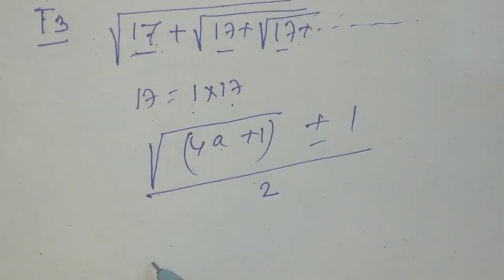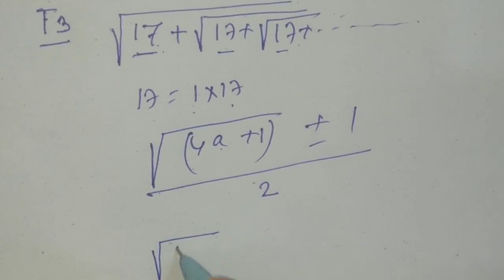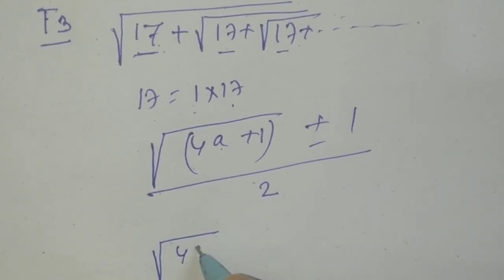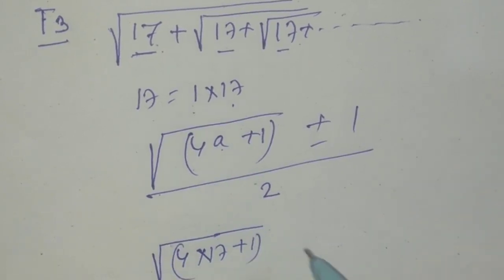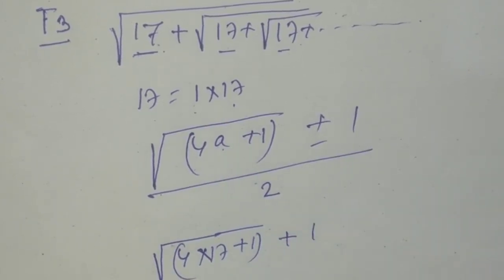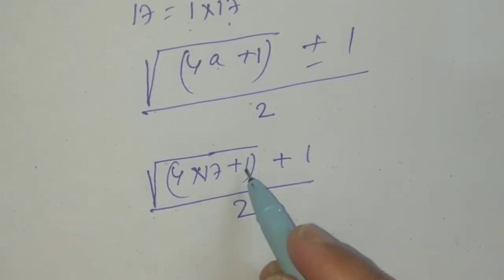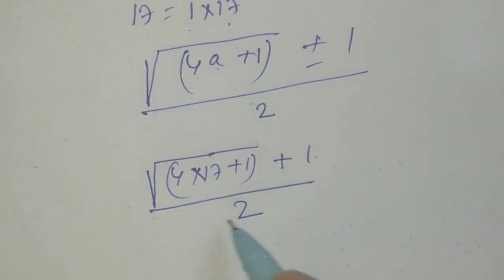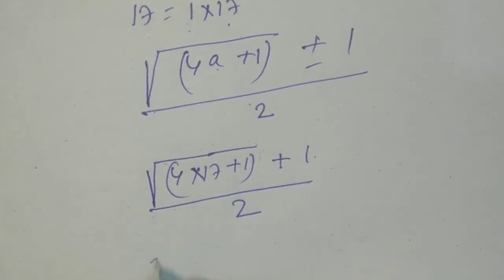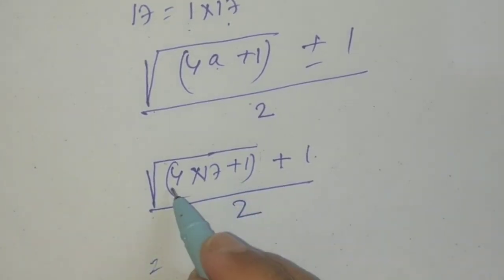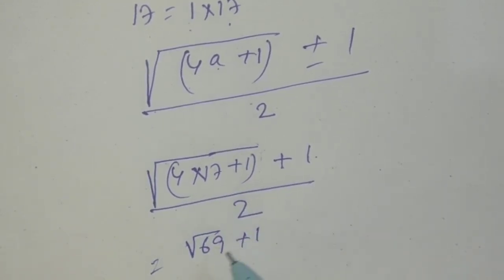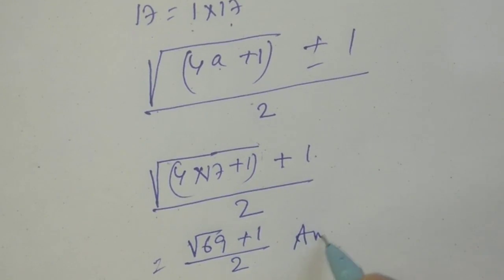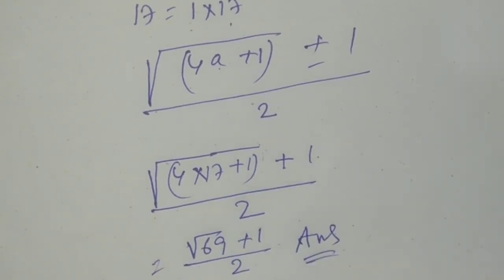The answer is root over 4 into 17 plus 1, plus 1, by 2. So it is root over 69 plus 1 by 2. This is the answer.